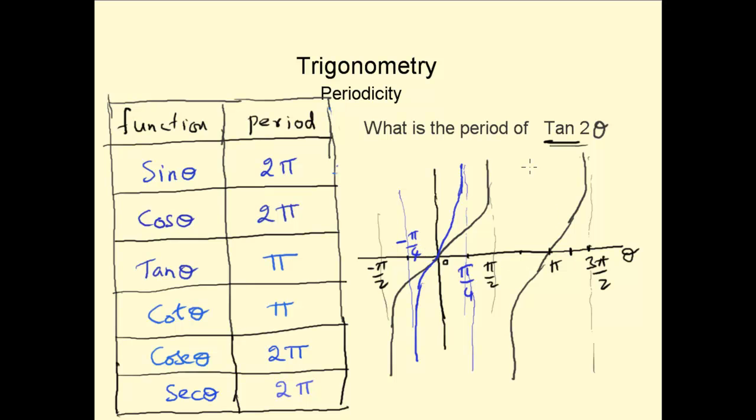Similarly, it starts from 3 pi by 4 here, and then it goes through 90 degrees. 2 times 90 is 180, that is pi, so here it's 0.